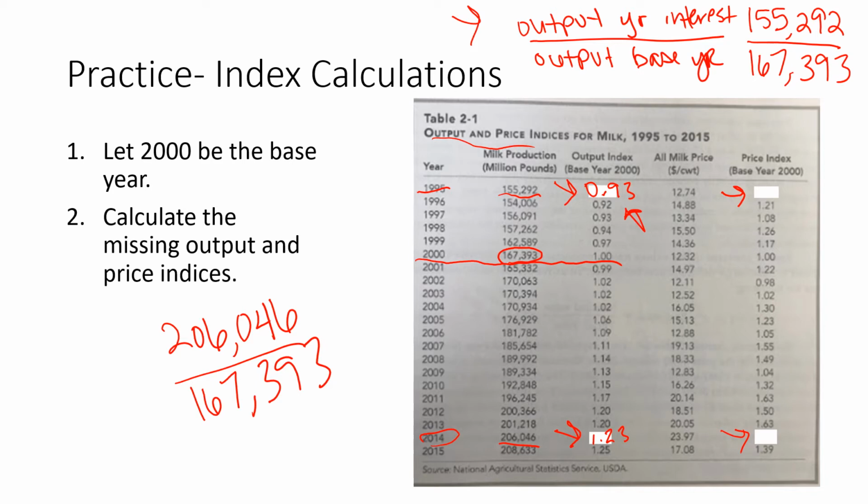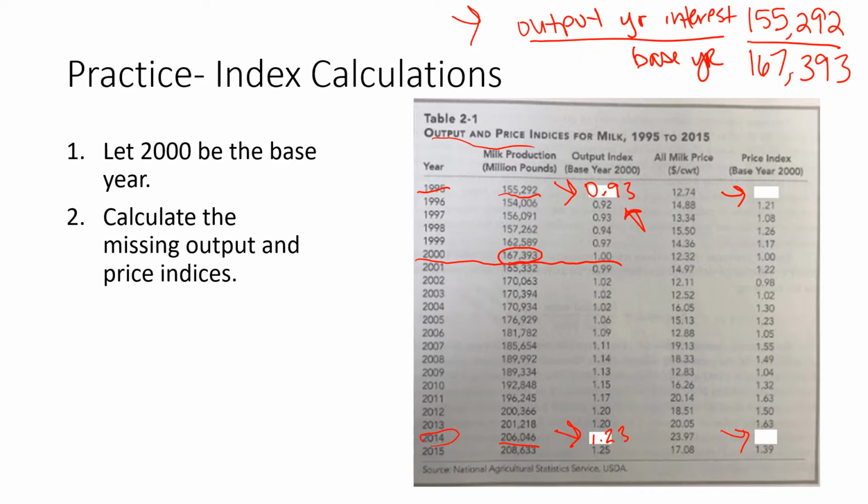Okay? So to do the price index, we're going to do a similar thing. Let me erase some of this. Except instead of output, we are now interested in price. So the price for the year of interest divided by the price of the base year.